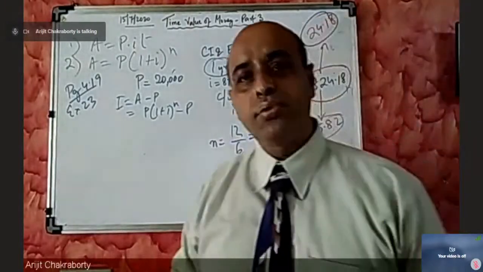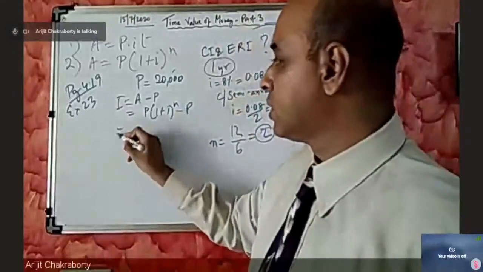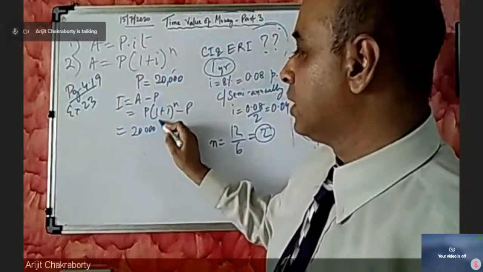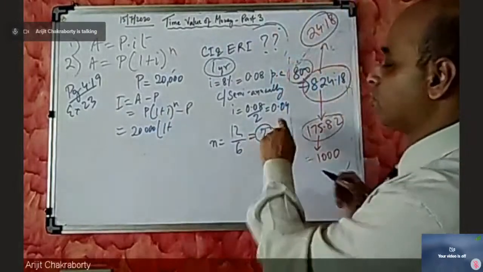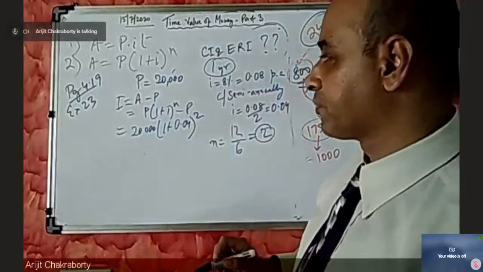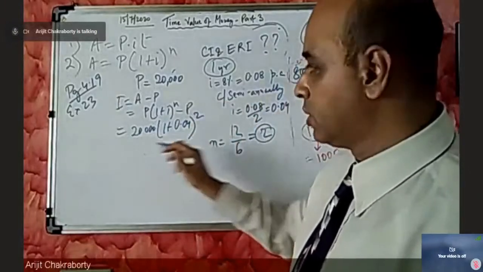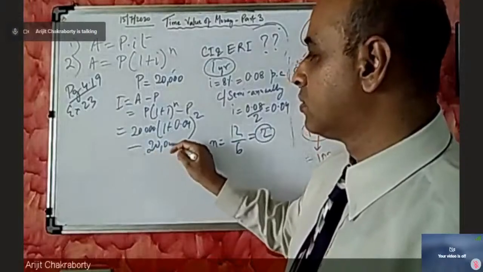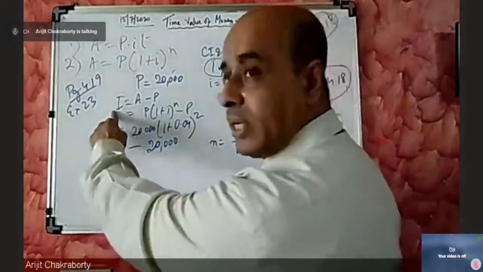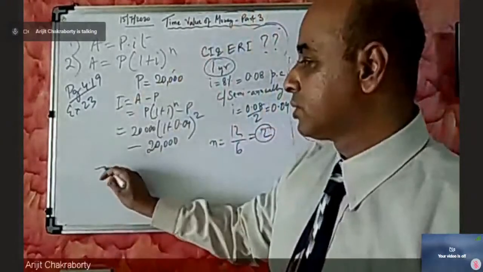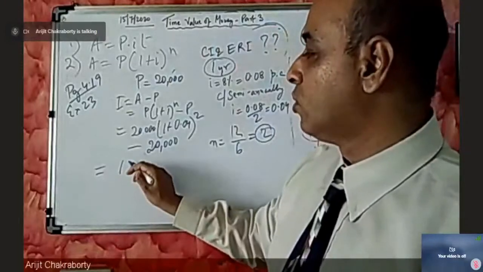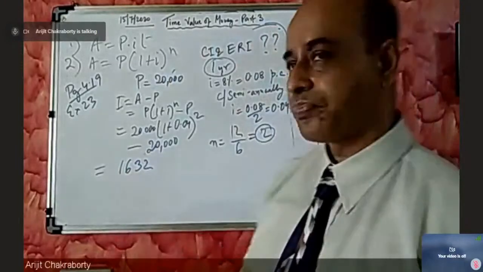So the formula is P, which is 20,000, into 1 plus i, where i is 0.04, to the power 2. This is the amount, minus 20,000, because 20,000 is the principal and we want to find the compound interest. If you work it out, it gives you 1,632.